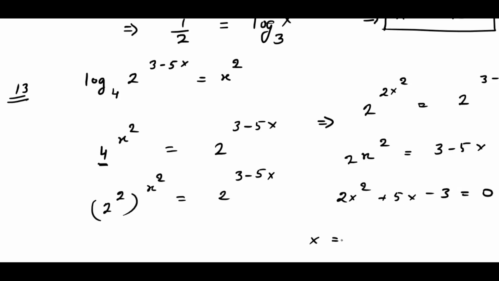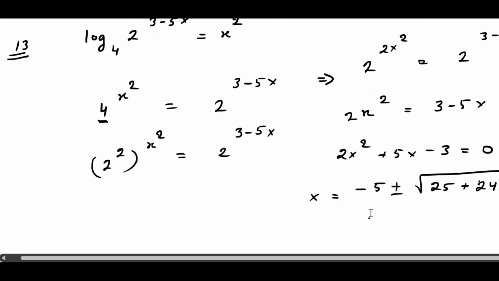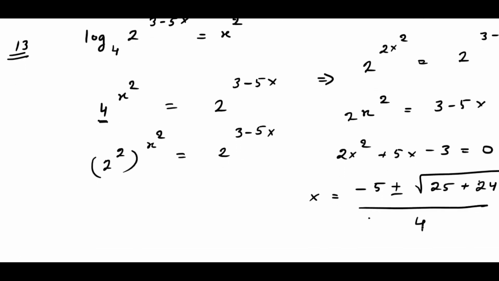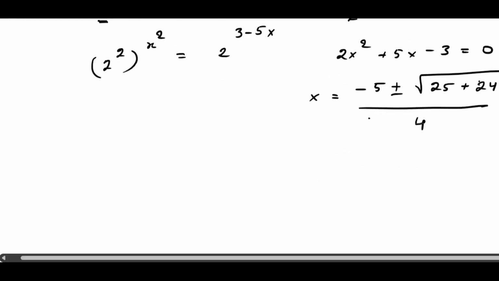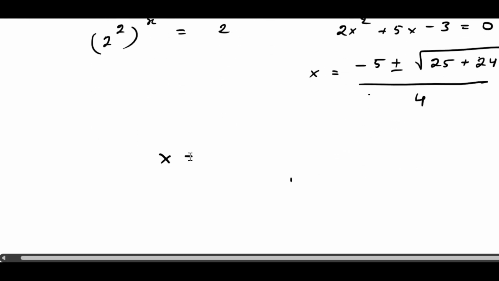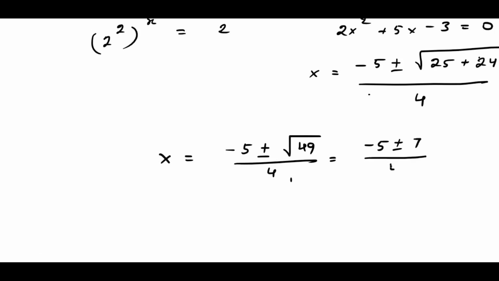From this, I will conclude x is equals to minus 5 plus minus root of 5 square is 25 plus 4 times 2 times 3, which is 24, and whole divided by 4. So from this, we conclude that x is equals to minus 5 plus or minus root of 49 divided by 4, is equals to minus 5 plus or minus 7 divided by 4.